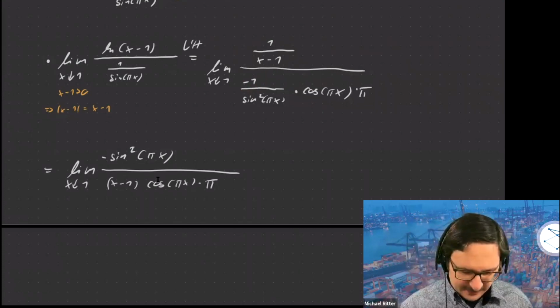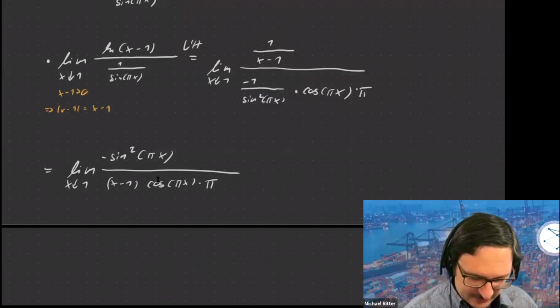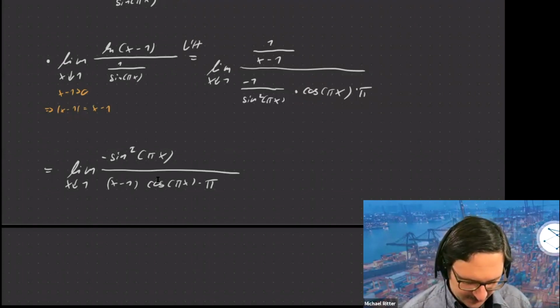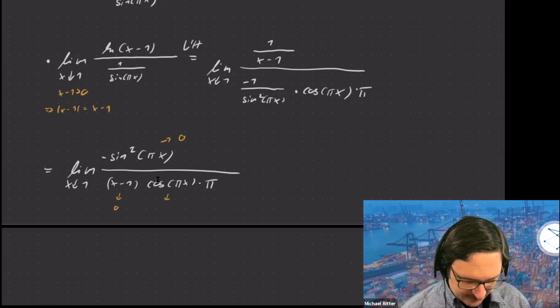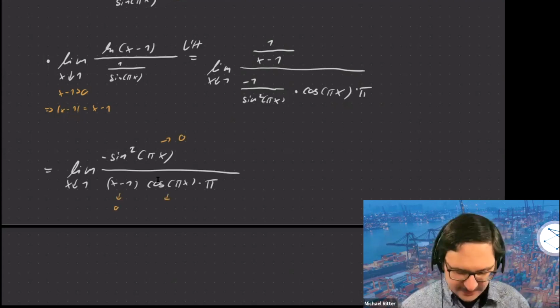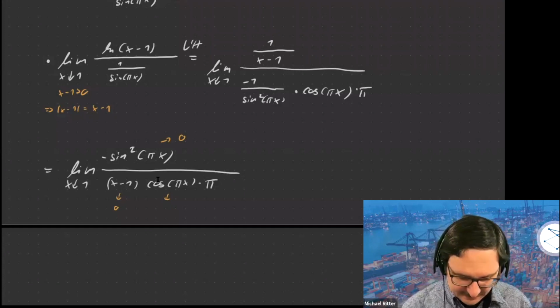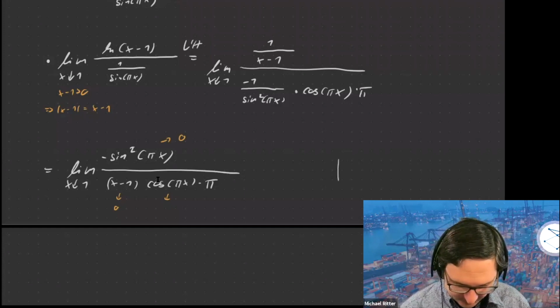Okay, now if we try to substitute 1 into that expression, then of course that sine still goes to 0. This here also goes to 0. And the cosine of pi x, let's make a quick sketch of the cosine as well.